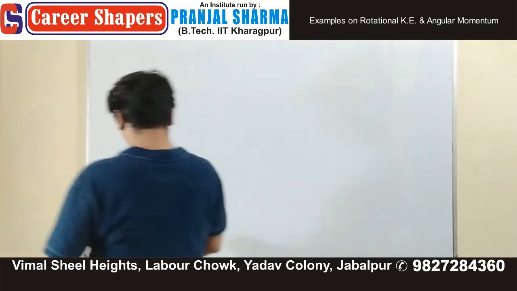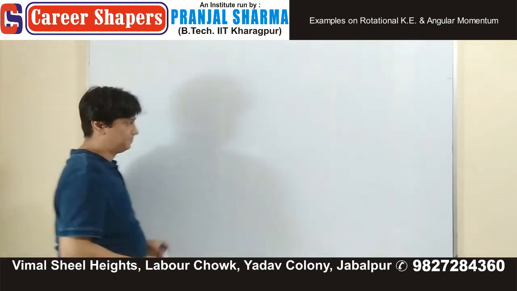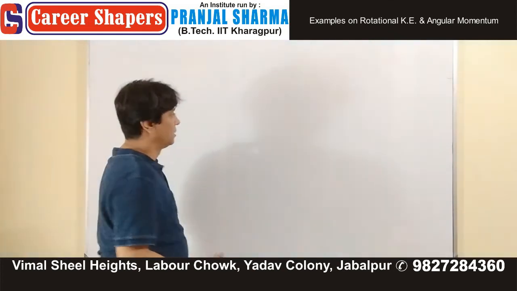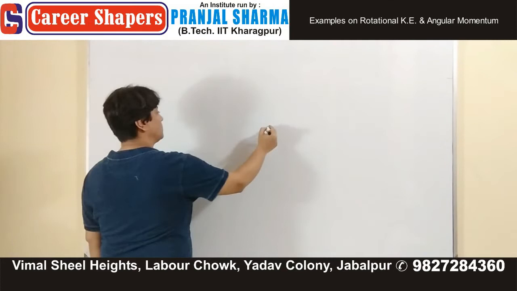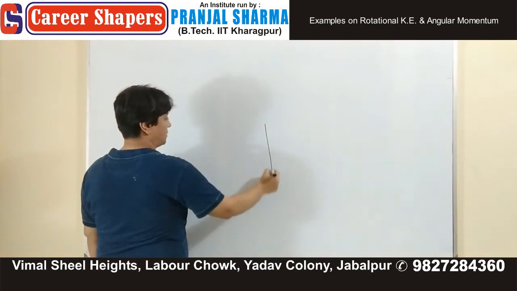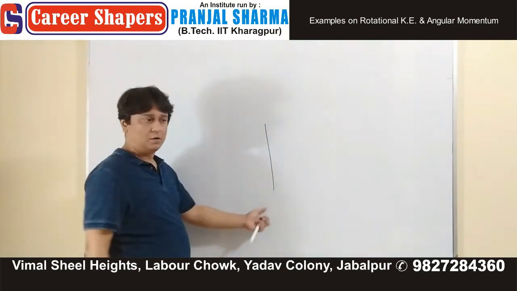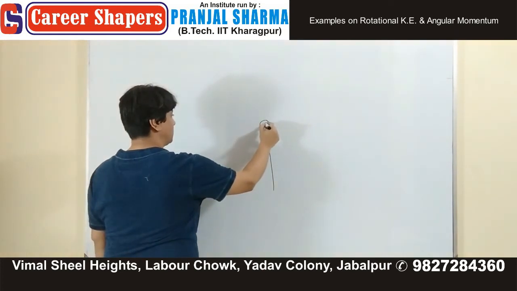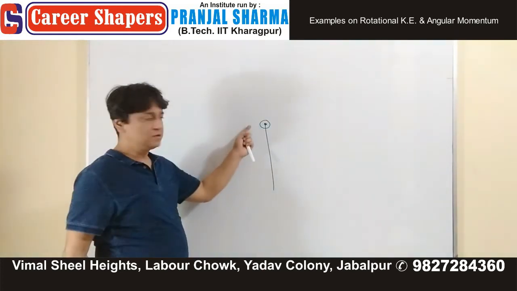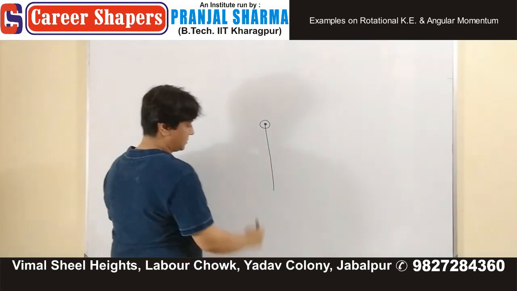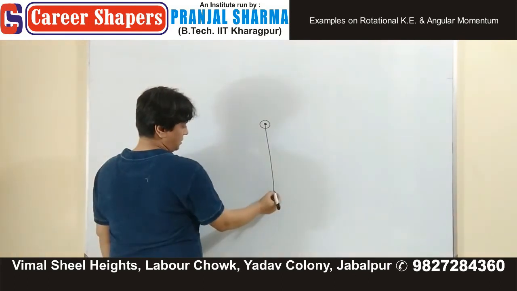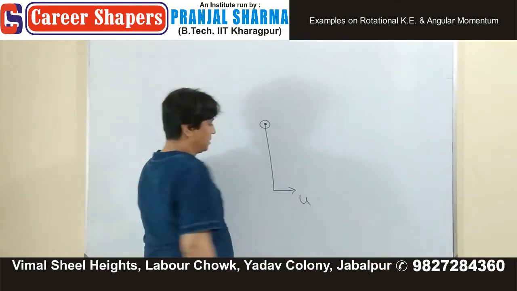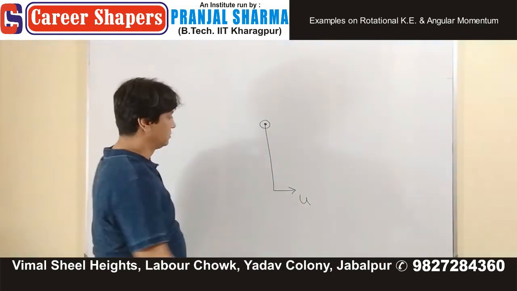Look at this question. We have a rod, and this rod can rotate about one of its ends. This end is given a speed of u.